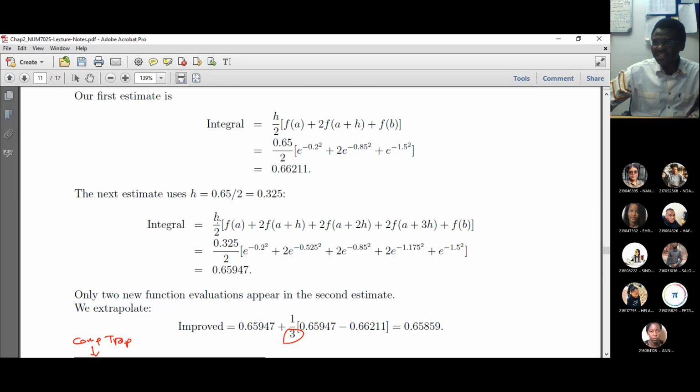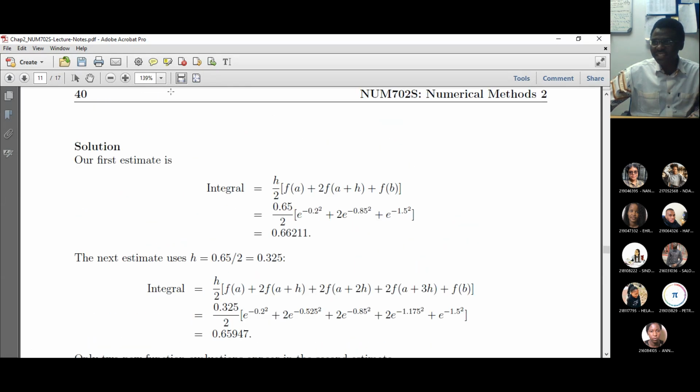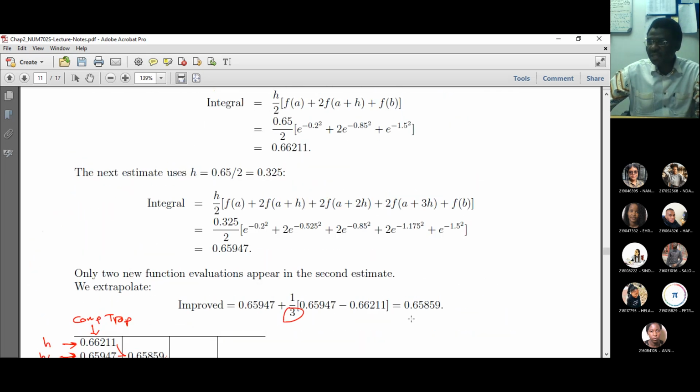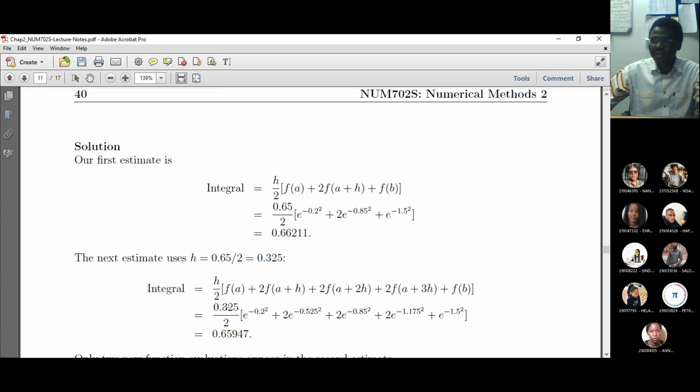You see that this h is no longer the same as the previous h. The previous h here was 0.65, but now h is 0.3. Each time you have that. That's exactly what is happening here, so we are following something similar to this one.